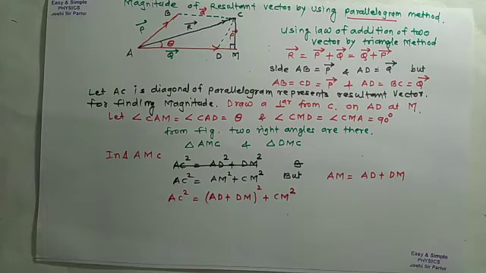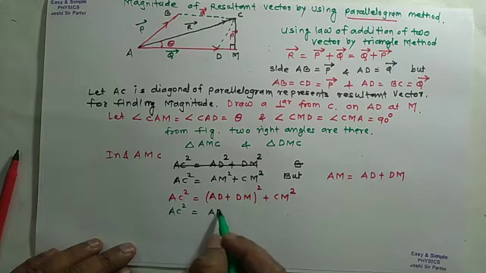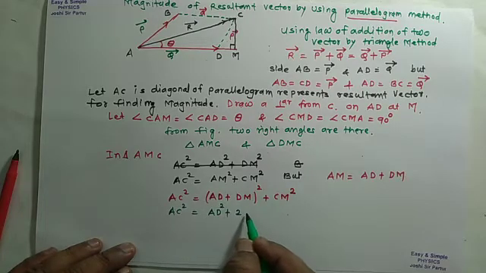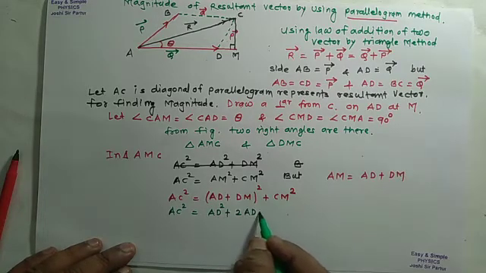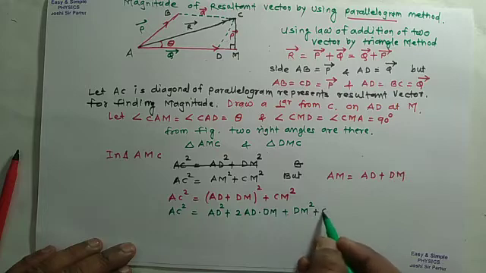If we expand the square of the bracket, we can write AC square is equal to AD square plus 2 times AD into DM plus DM square plus CM square.